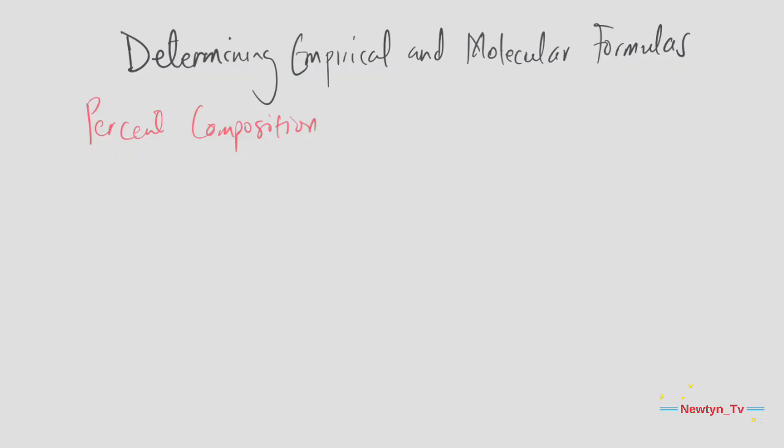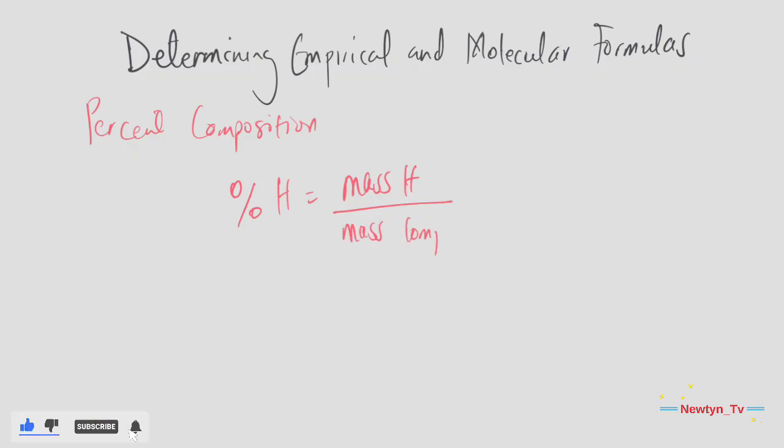So the percent composition of this compound could be represented as: percentage of H will be equal to the mass of H, which is hydrogen, divided by the mass of the compound. Then you multiply by 100%.